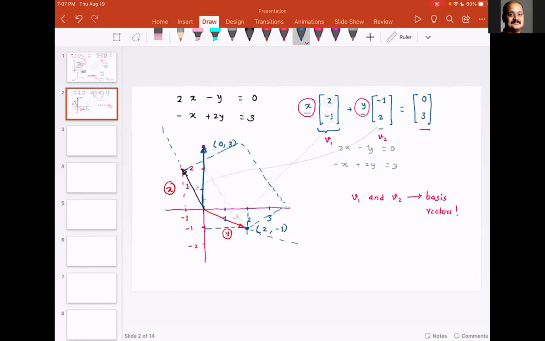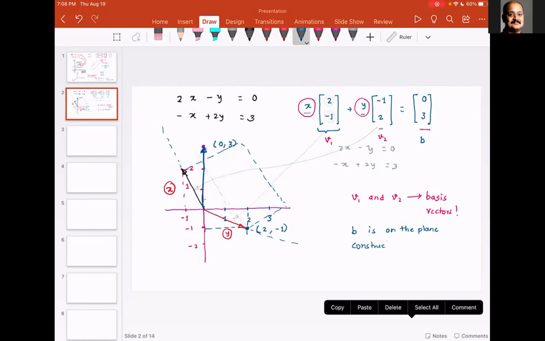So in other words, B is on the span, on the plane constructed from V1 and V2. Now let me give you a hypothetical situation.